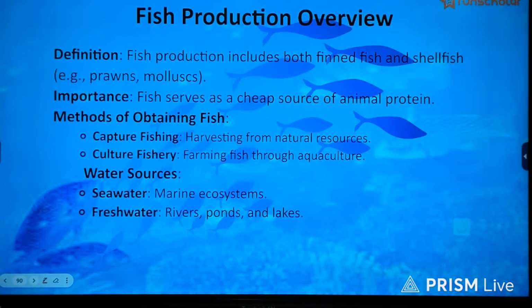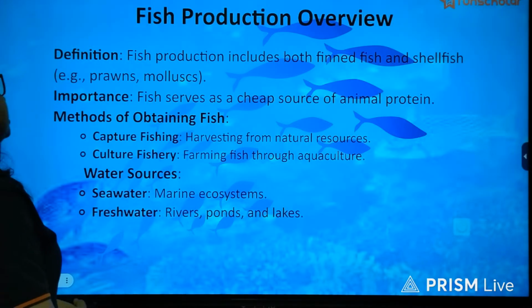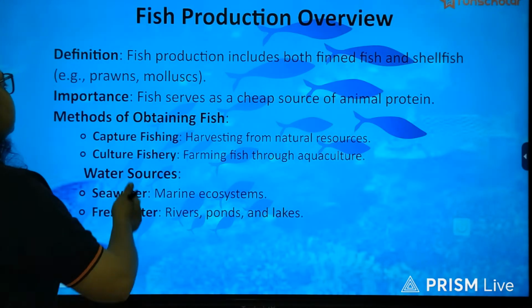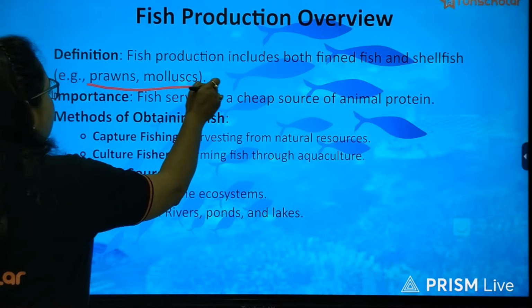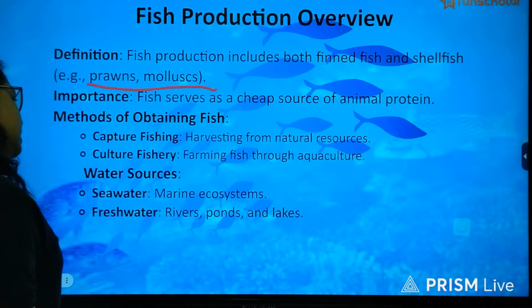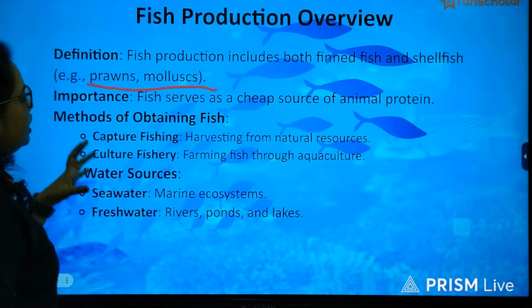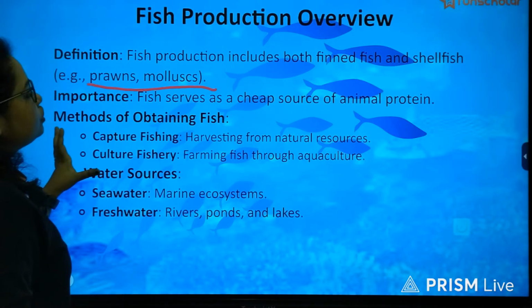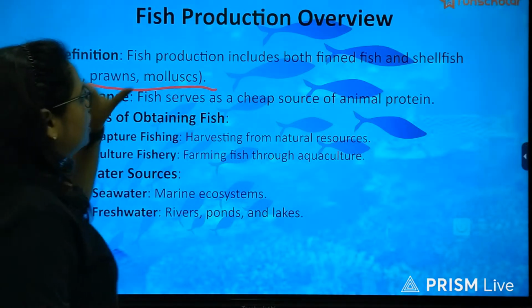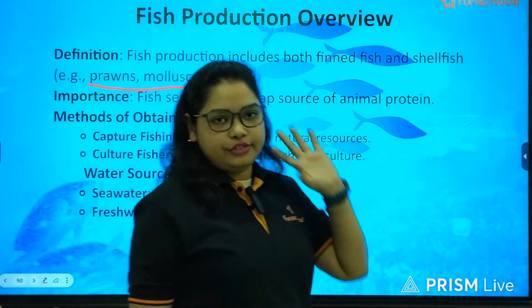So fish production includes both finned fish and shellfish. Since we take prawns and some mollusks as food, we have included them under fish, though they are not fish.